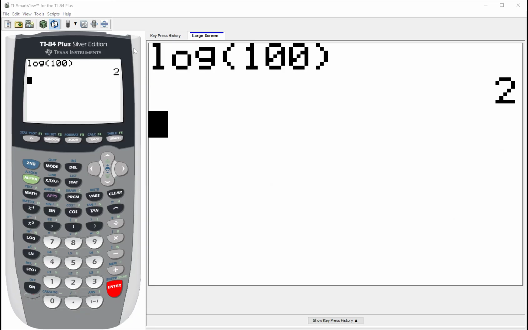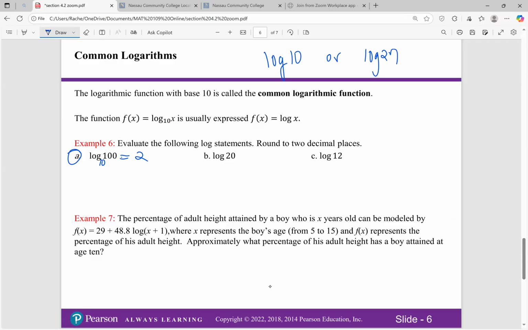Now, not all of these we're going to be able to do in our head. So look at B. This is log of 20. So really there's a 10 there, right? So it's saying, okay, 10 to the what power, y, will give us 20. Well, 10 to the first power is 10, but 10 to the second power is 100.